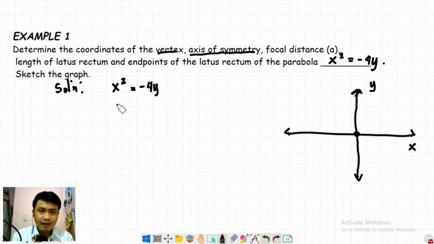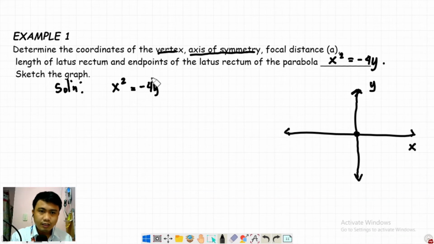Paano ba kunin si a? Kunin nyo lang itong nandito sa negative 4. Pag ganito ang ating itsura ng ating equation, x ang naka-squared. Kaya ang una muna natin gagawin is to look for the a, the focal distance.